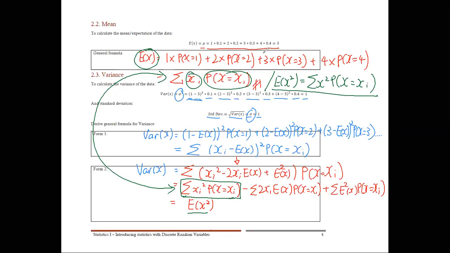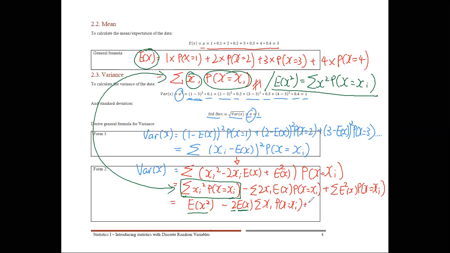For the second term, let's take out the constant. 2E(x) is a constant. The sum of xi, p(x) where x equals xi. Why can I take out 2E(x)? Because 2 is a constant, and E(x) is also a constant because E(x) is the average value. Okay, so we can take it out.